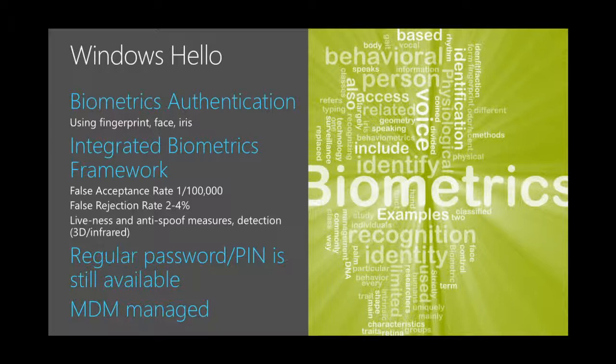The device will recognize you. I think Joe Belfiore did this in the keynote, showing how he walked by a PC, and the PC with camera and infrared recognition saw that it was actually Joe Belfiore, recognized him, and unlocked the device for him. And it's integrated. We do a lot of work to make sure that there are no false positives or false rejections. People don't like rejections, but false positives are also not very good.